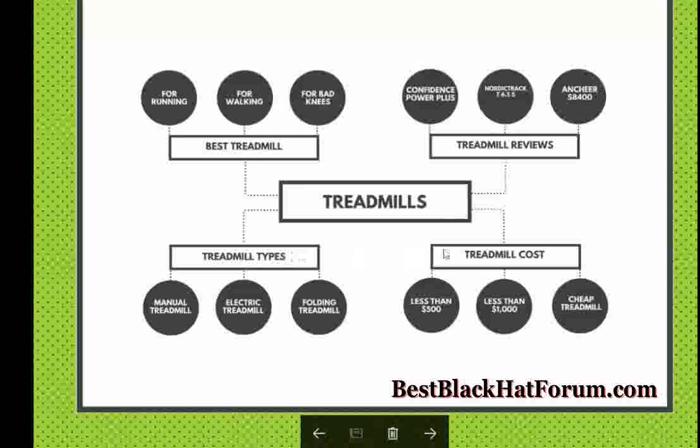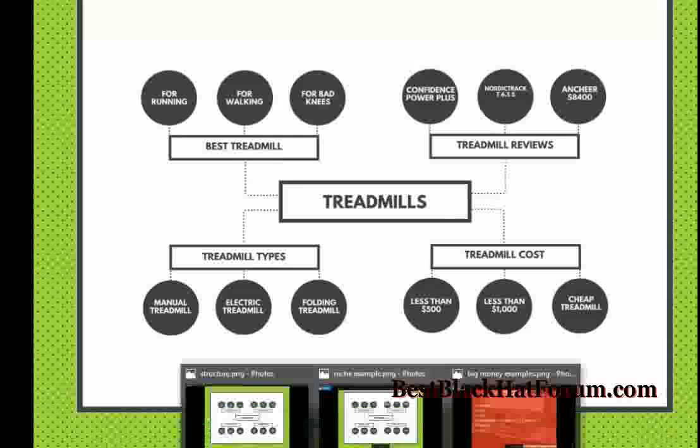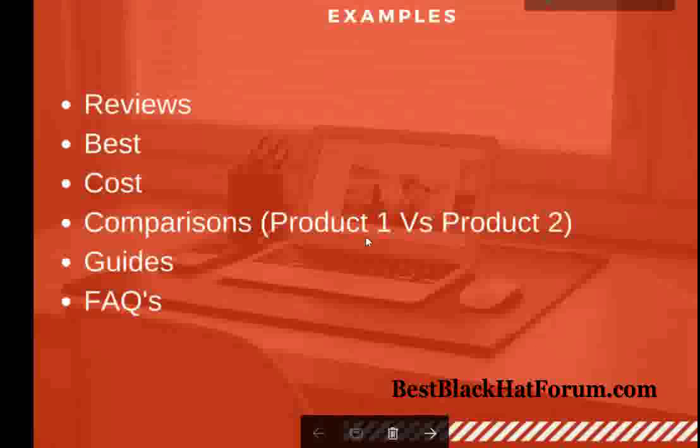The actual big money pages will vary from niche to niche, but in most cases, a lot of these will fall under what you want to do. So for example, your big money page might be a page on reviews, like treadmill reviews or whatever product or niche you're targeting.